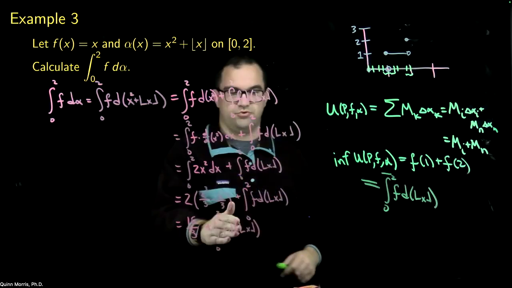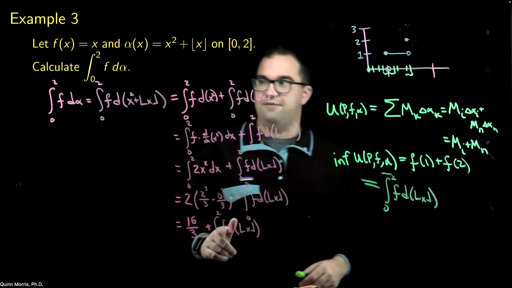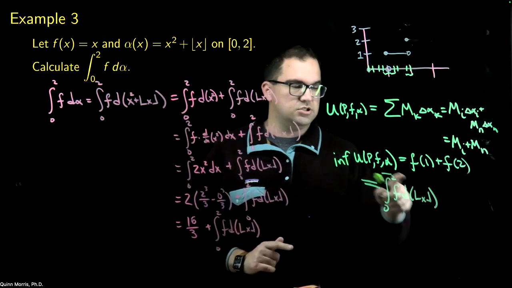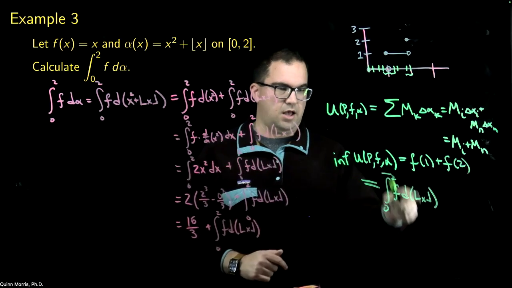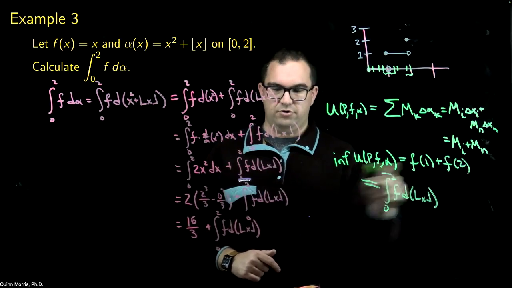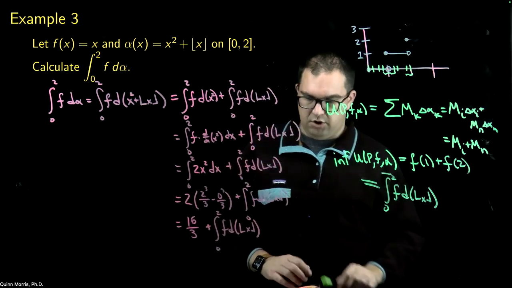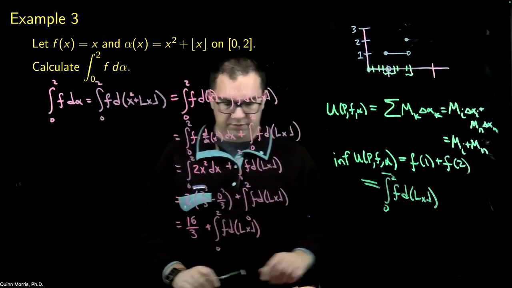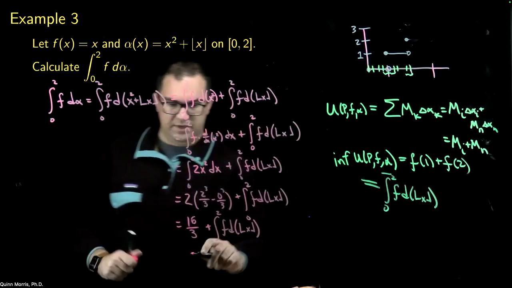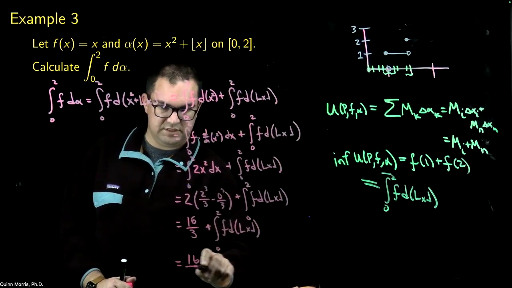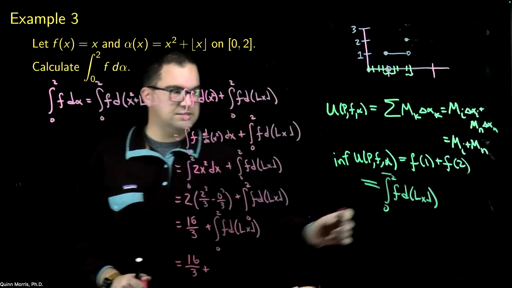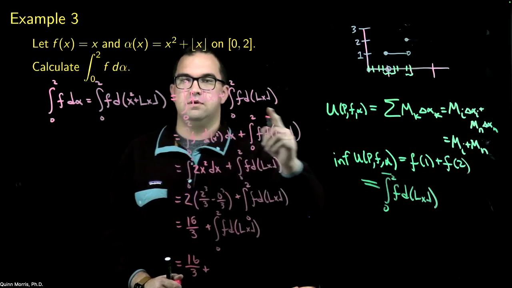Now, again, I know that this is Riemann-Stieltjes integrable because f is nice and continuous. So this upper integral must be actually the value of the integral itself. So this turns out to just be 16 over 3 plus f of 1.